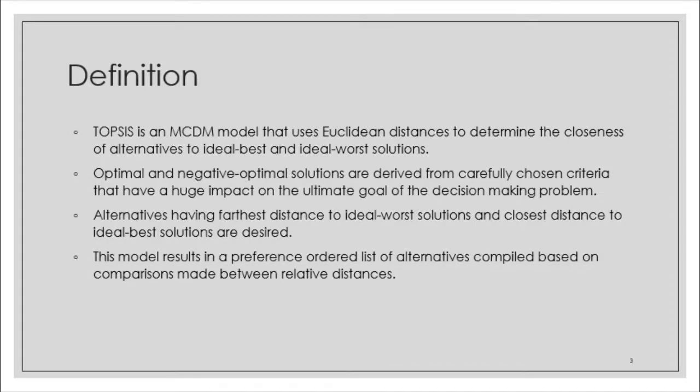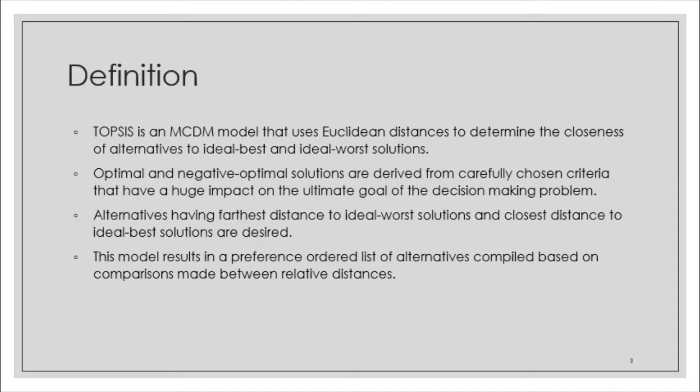TOPSIS is an MCDM method that bases its decision-making process on Euclidean distances that are calculated between alternatives and optimal solutions. Optimal solutions can be of two classes, the ideal best and the ideal worst solutions, and those can be derived from the criteria that we have chosen earlier to carry out our study on.